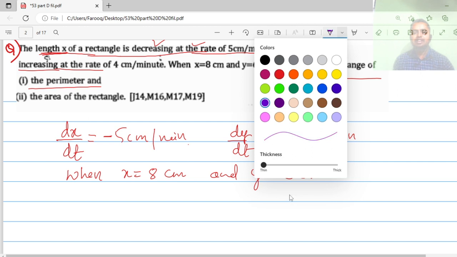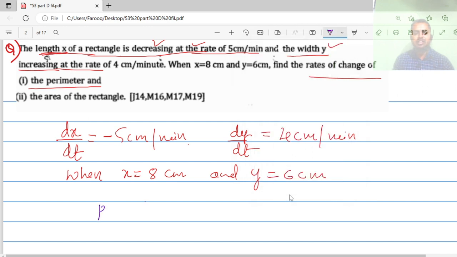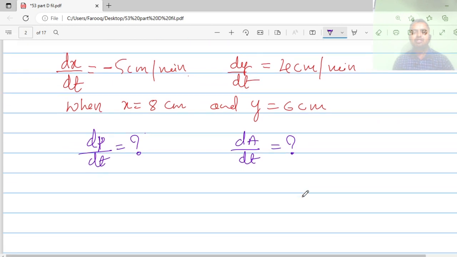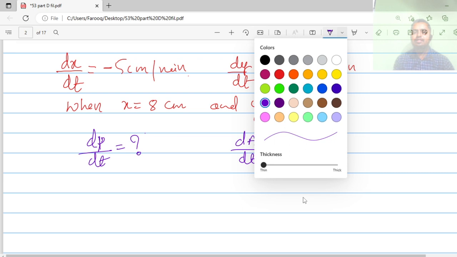First one, perimeter of the rectangle: dP by dt is equal to question mark. Second, area of the rectangle: dA by dt is equal to question mark. So let us solve the problem. These are the things given in the question.